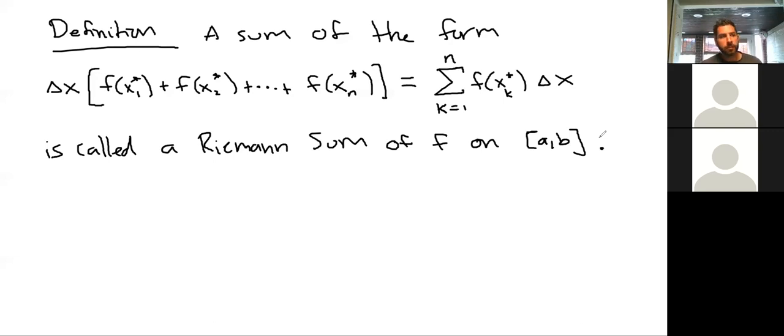This is a very, very important concept. Again, I always repeat myself, but these types of sums are ubiquitous. They're everywhere.